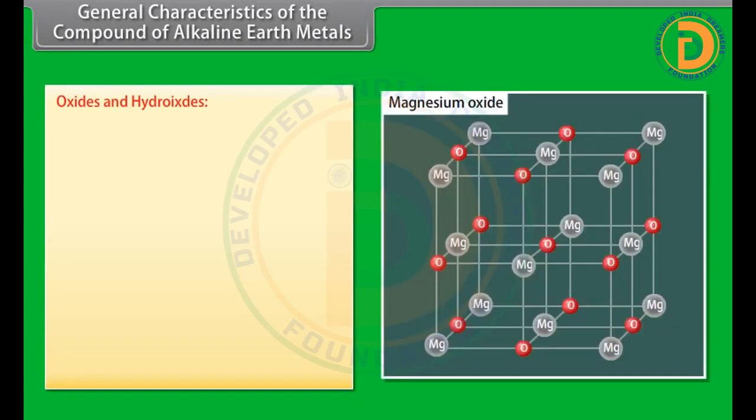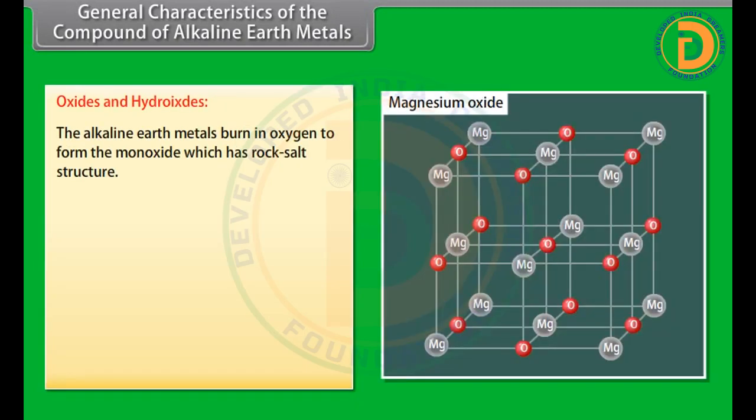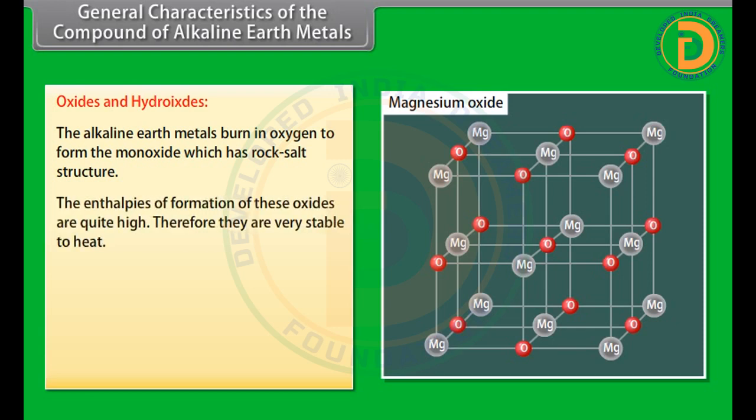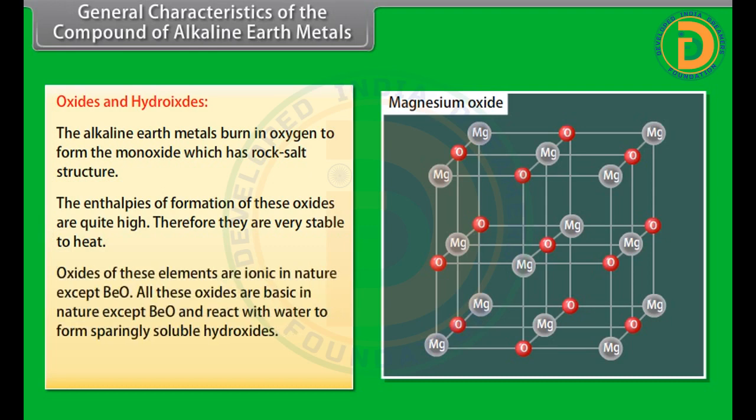Oxides and hydroxides. The alkaline earth metals burn in oxygen to form the monoxide, which has rock salt structure. The enthalpies of formation of these oxides are quite high. Therefore, they are very stable to heat. Oxides of these elements are ionic in nature, except BeO.